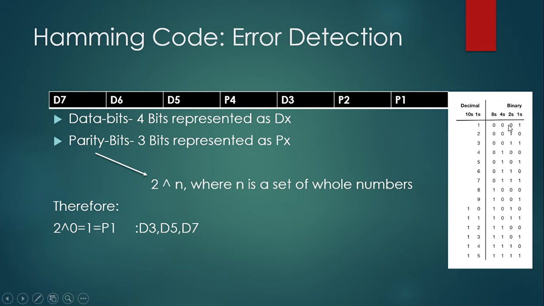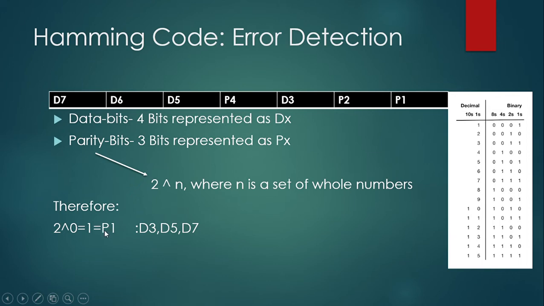At first you take the last bit column, and wherever you find a 1 in the last bit, the corresponding decimal value is the index of a data bit, excluding, importantly, the index of the parity bit.